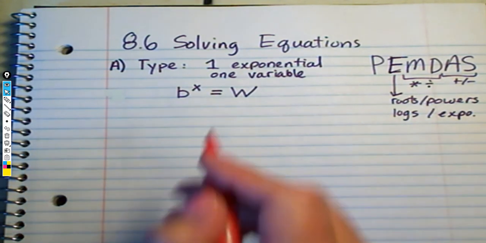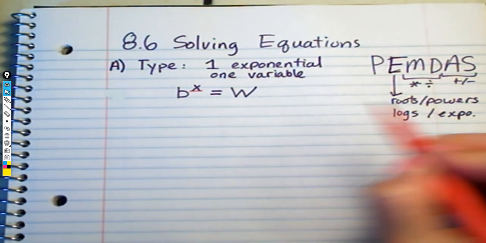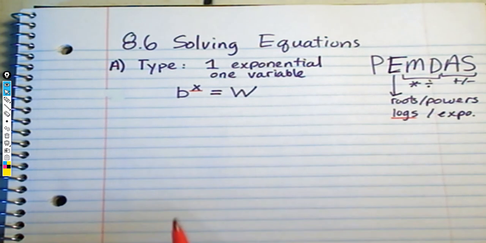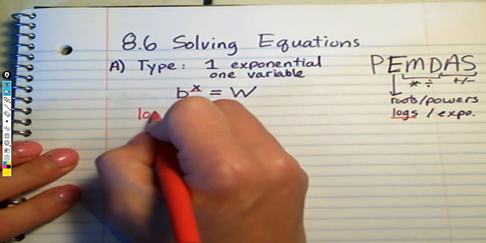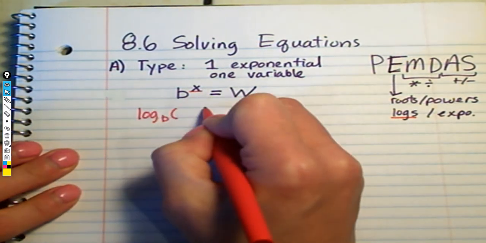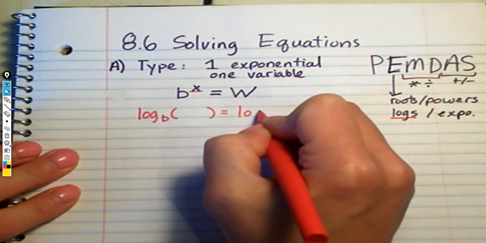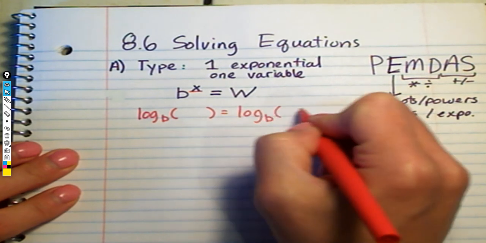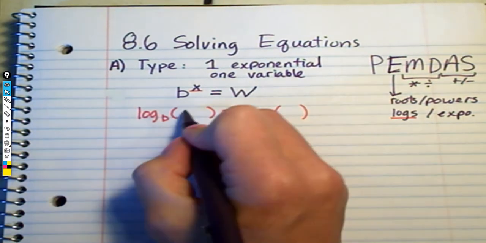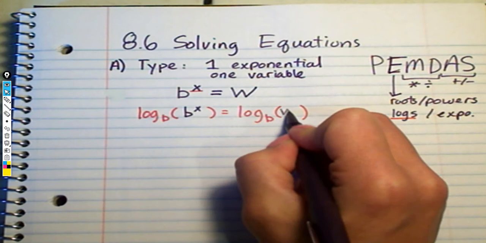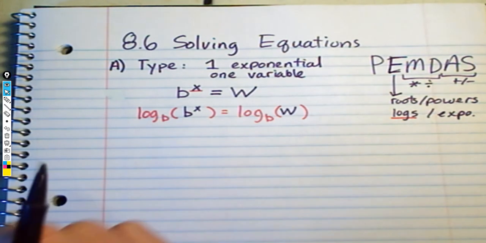How do I solve for x? We learned about logging both sides. So I'm going to take the log base b of both sides, of everything that's on that side.